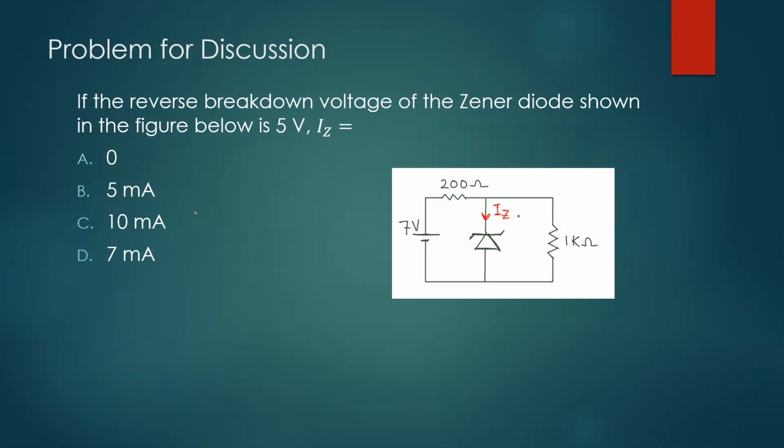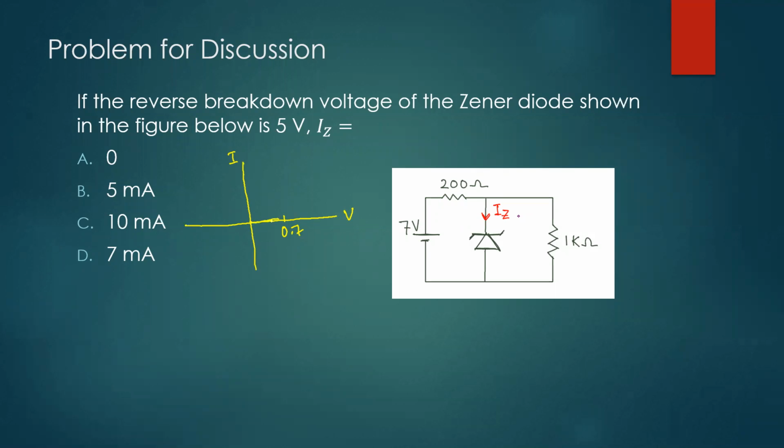Okay, so try this. You have a Zener diode there. If you recall the diode characteristics, when you apply a potential and then try to measure the current, till 0.7, assuming we are using a silicon diode, you don't get any current.